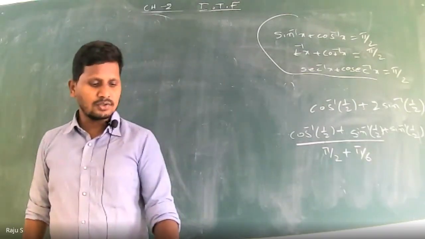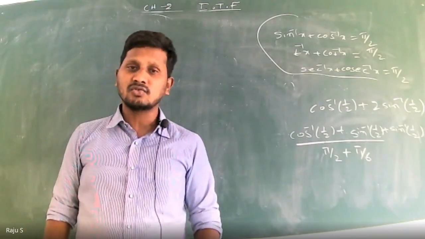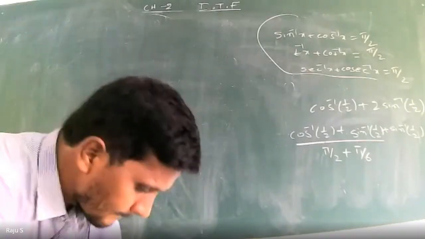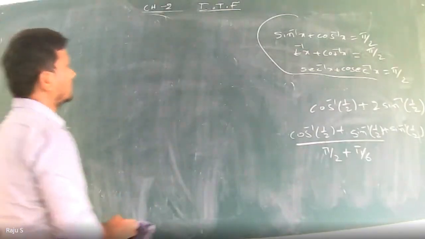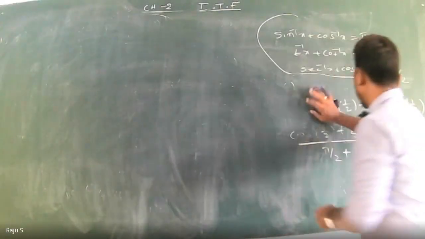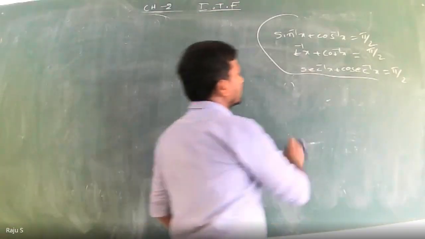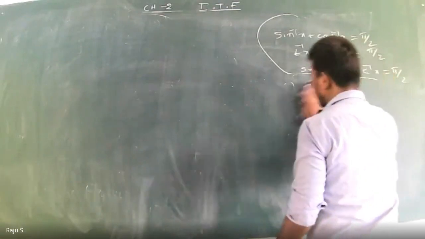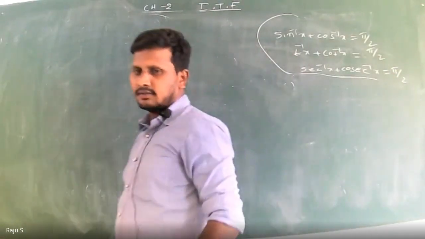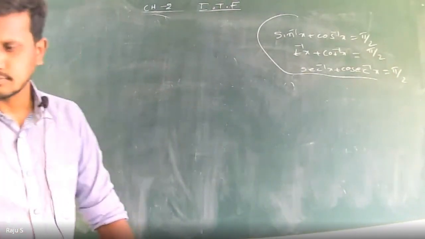Tan inverse root 3 minus secant inverse of minus 2 is equal to. This is the last question in the first exercise.